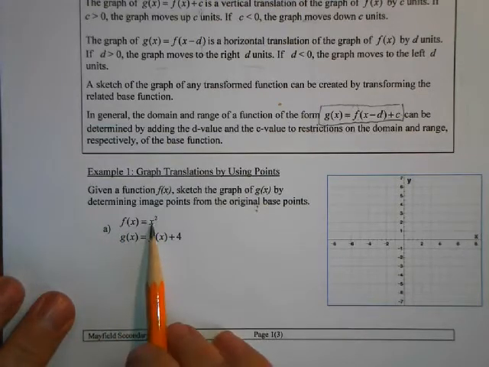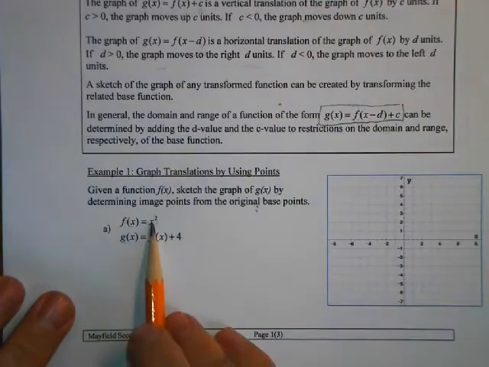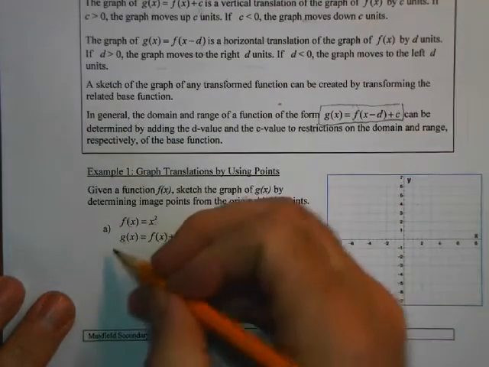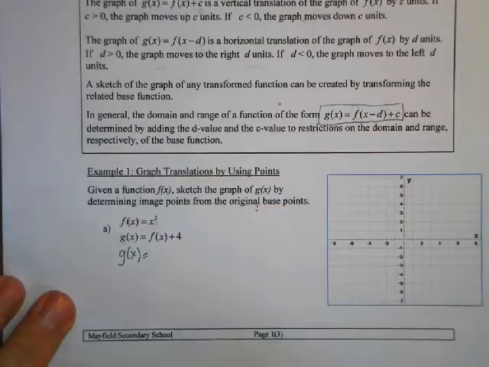So what they're telling us here is the original base function was x squared, just like in grade 10. And what we're doing with g of x is we're taking the original f of x function and we're adding 4. So I could just replace f of x with x squared to get the full expression for the function.